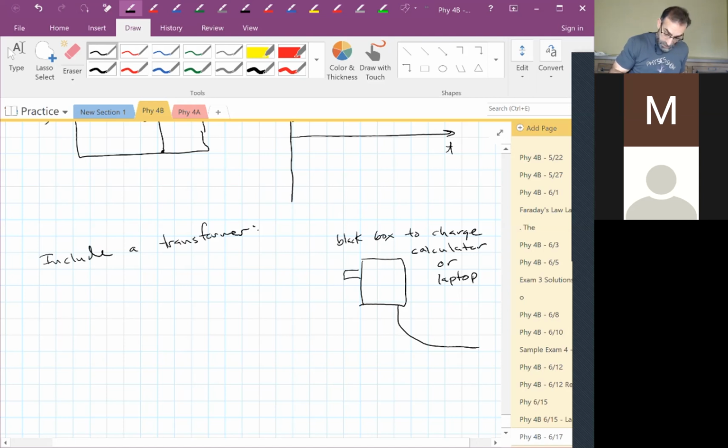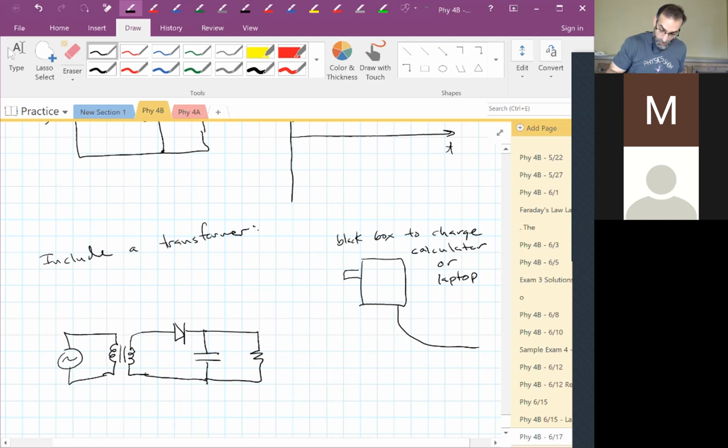You get your wall signal, right? Comes to it. And inside there, there's a transformer. That's the symbol for a transformer. Something like this that converts that. And then it outputs it to your device, whatever it is.